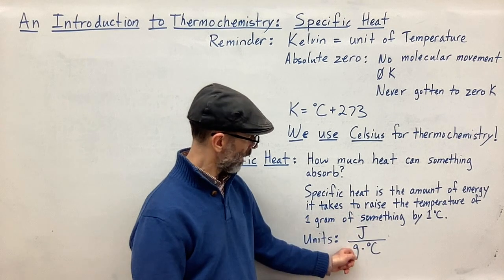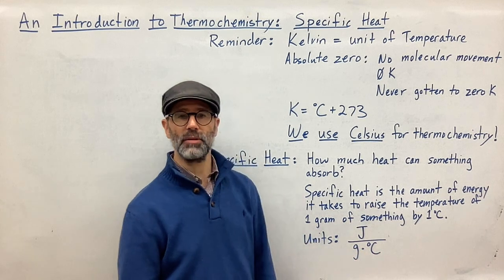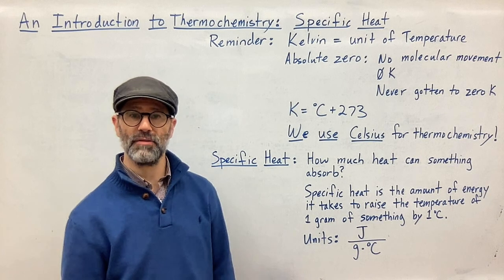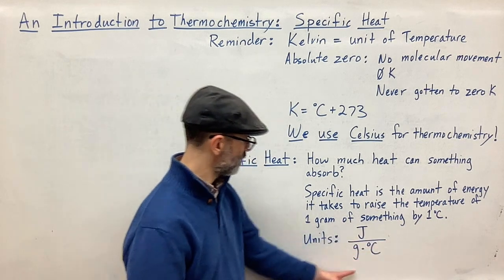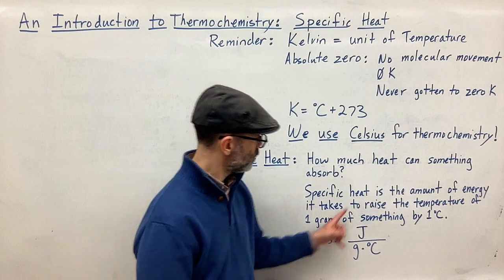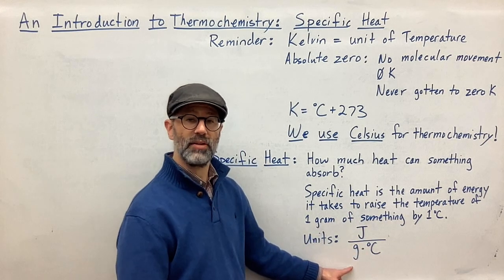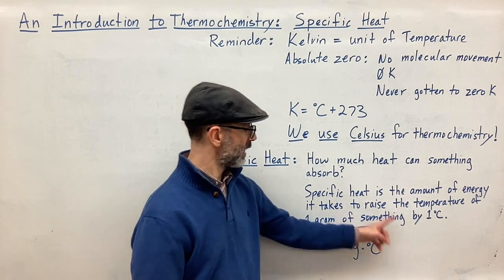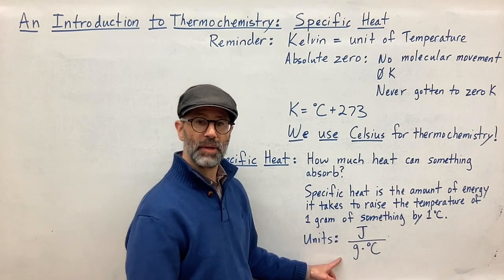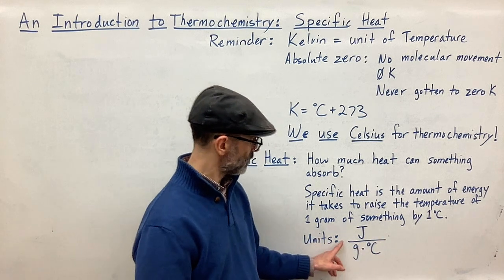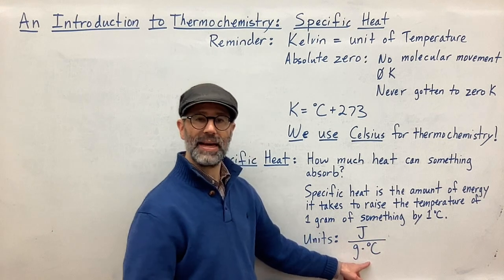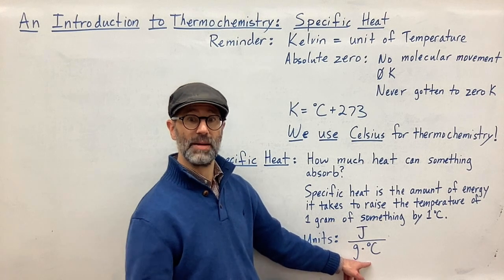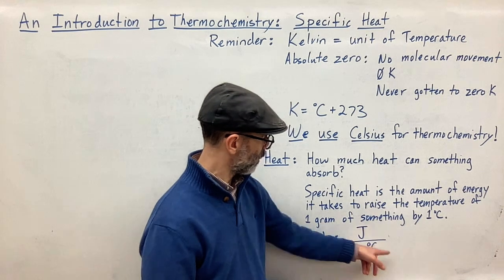Well, how do you get rid of grams and degrees Celsius from this? Since grams and degrees Celsius are on the bottom, you multiply by grams and degrees Celsius to get rid of them. If this is specific heat and these are the units, then all I need to do is take the specific heat and multiply it by a mass in grams, which cancels out the grams, and then multiply it by degrees Celsius, or a temperature change, and I'll get rid of degrees Celsius.